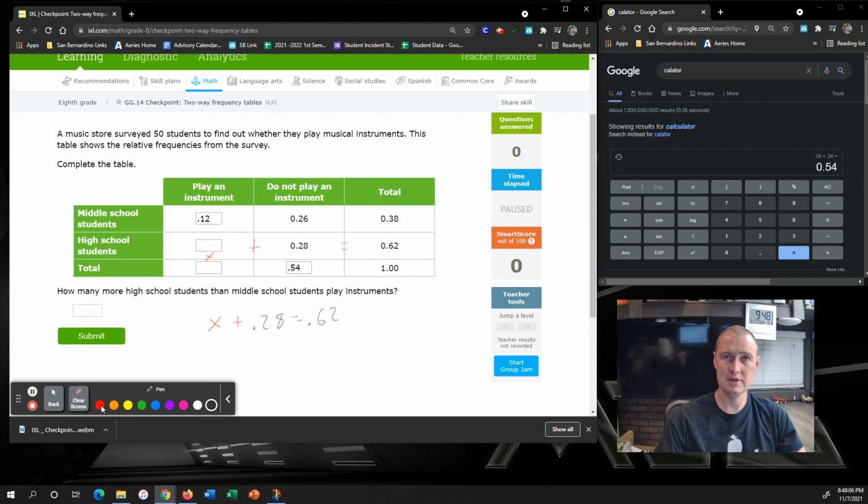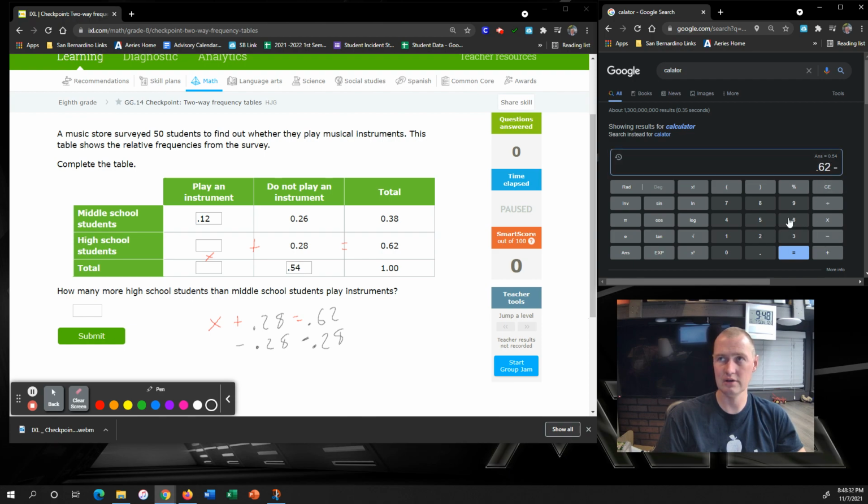And what is the opposite of adding 0.28? You got it. Subtract 0.28 from each side. And again, I meant to say 0.28. If we subtract on one side, we definitely need to subtract on the other side of that equal sign. Now here we've got a little borrowing involved, so it might be easier to use a calculator. We've got 0.62 subtract 0.28.